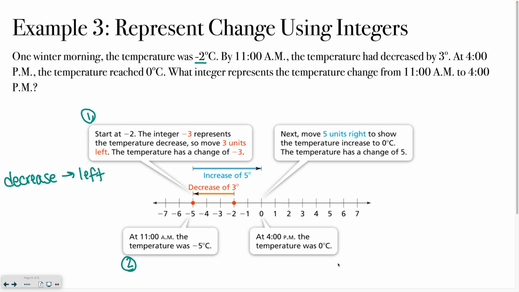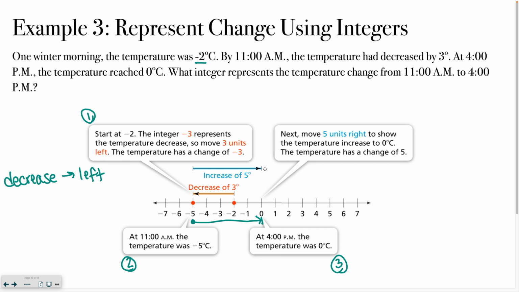Next up, we are focusing on at 4 o'clock, the temperature was 0 degrees Celsius. So that means that it had to go all the way from this -5 to this 0 right here.